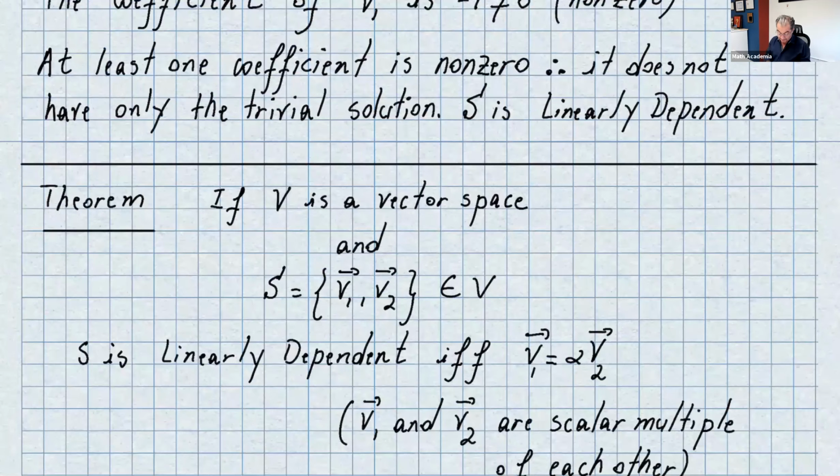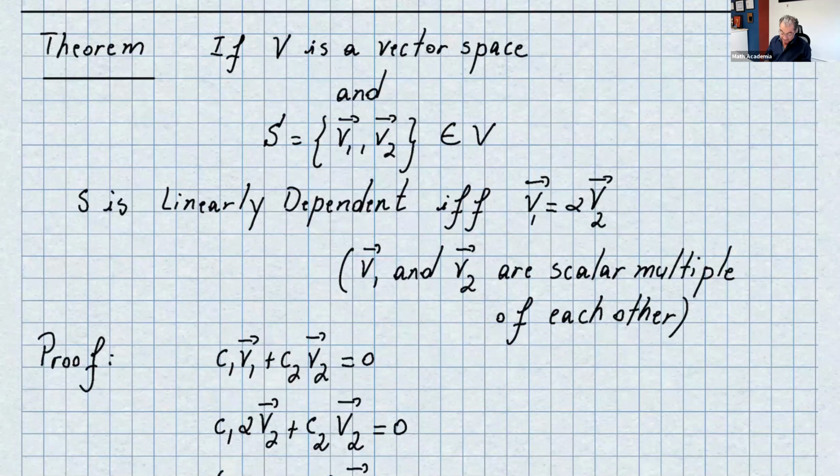Another theorem, again, V is a vector space and we have S. Here I put two vectors in S, and that's all, of course, in V. S is linearly dependent if and only if V1 equals alpha times V2. Alpha is a scalar here, or V1 and V2 are scalar multiples of each other.